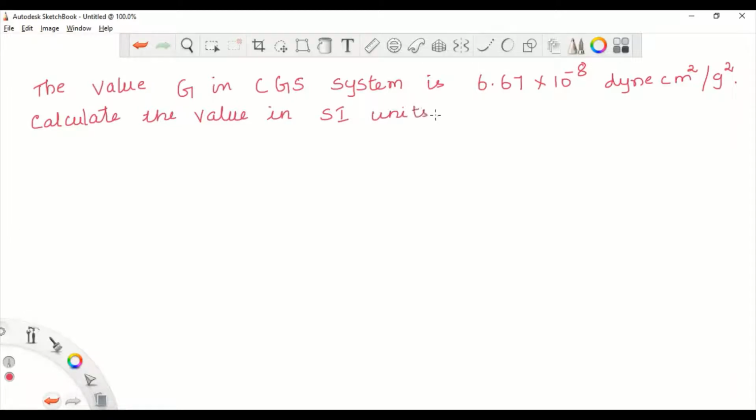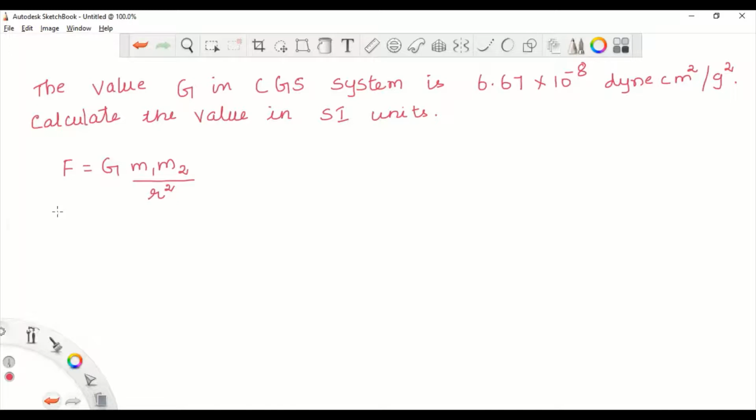So with the help of dimensional analysis, we are going to convert the value of G from CGS system to SI system. All of you are familiar with the formula F is equal to G into M1, M2 divided by R square.